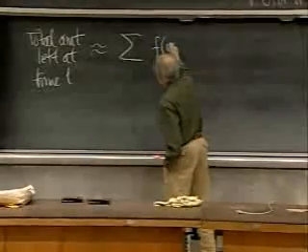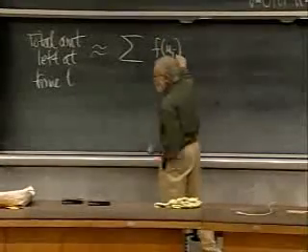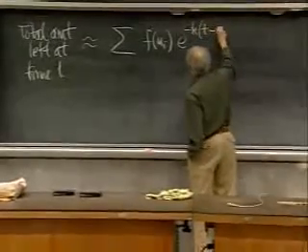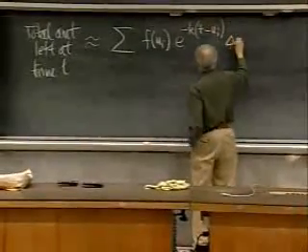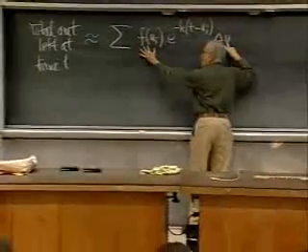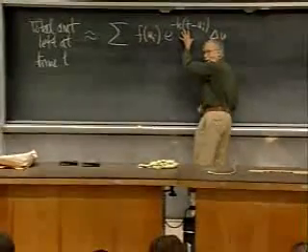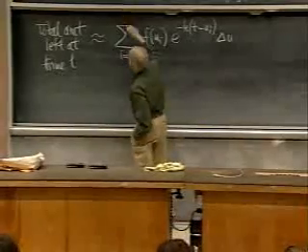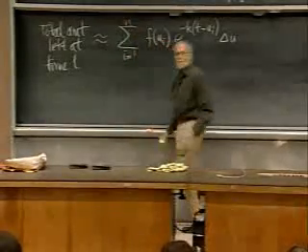So it will be f of ui, I'll save the delta u for the end, times e to the minus k times t minus ui, times delta u. So these two parts represent the amount dumped, and this is the decay factor. And I add those up as i runs from, well, where did I start? From 1 to n, let's say.